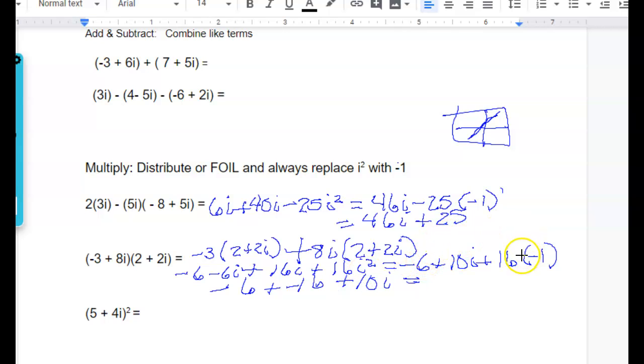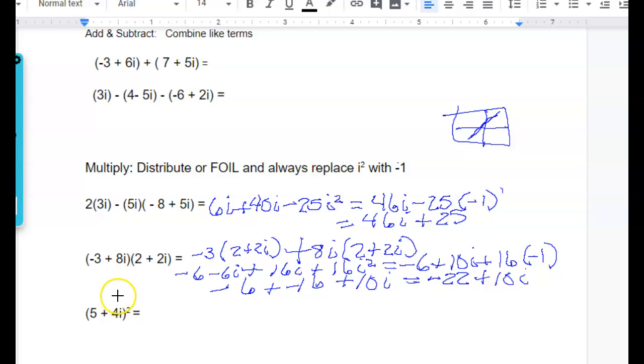This one and this one, as I said before, become a new constant. So I'm going to add these two together. They're both negatives, so it's -22 plus 10i. That's my simplified solution.